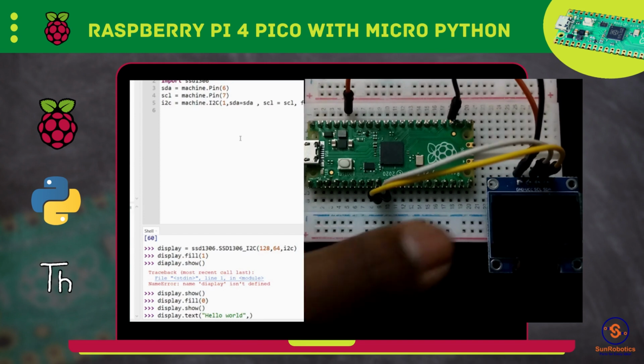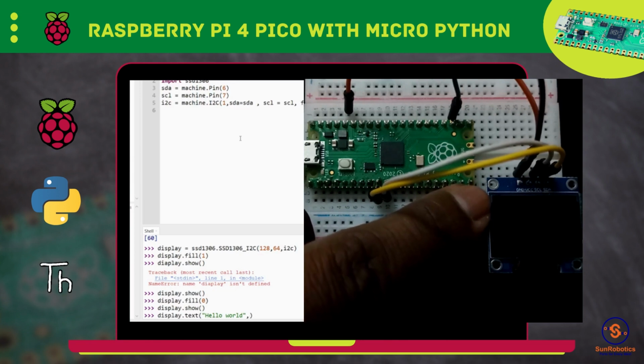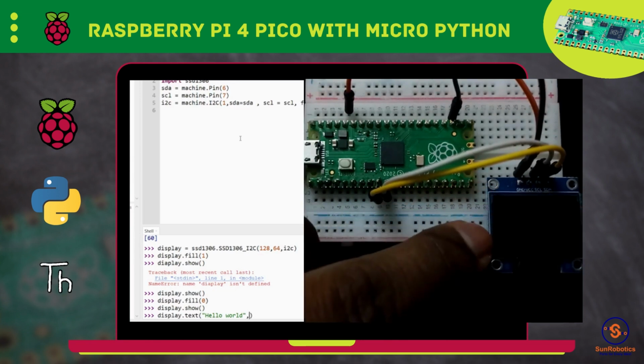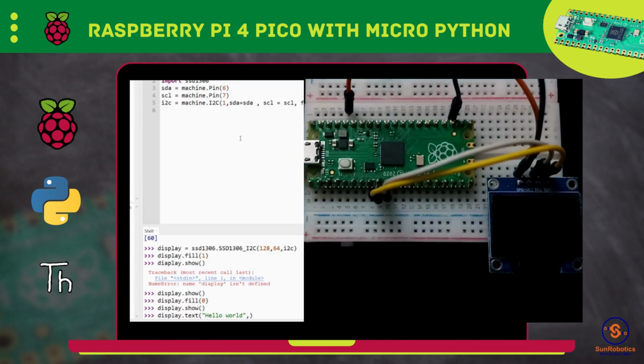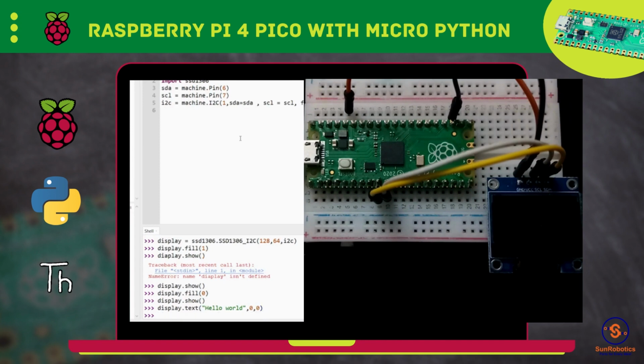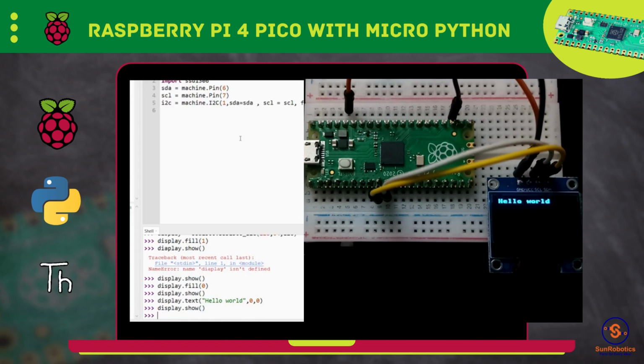This extreme corner will be considered as 0 by 0, and it increases downward also. So in the x-axis I need position 0 and in the y-axis also position 0. That means the extreme top corner. Let me enter. Nothing is showing in the display, because we have to call the show option. Now you can see the hello world has been drawn over there.